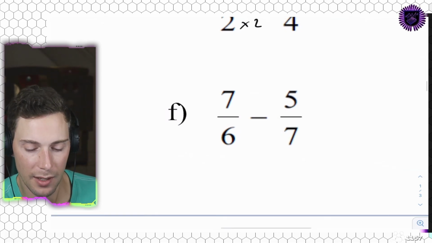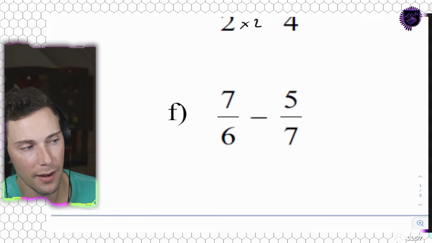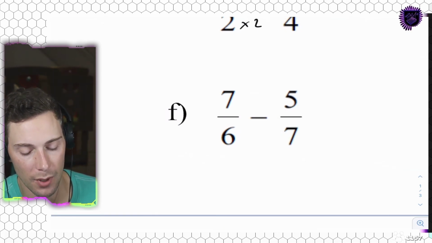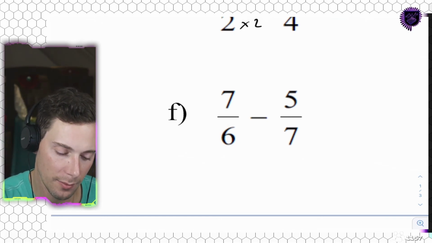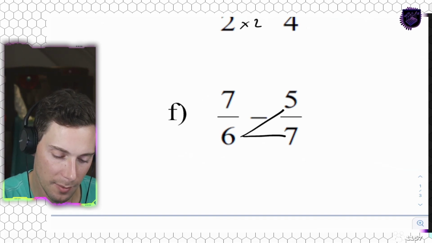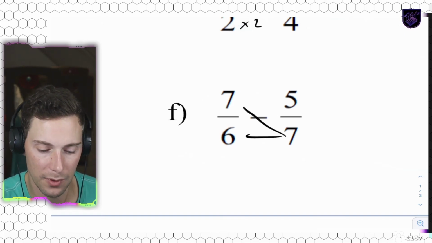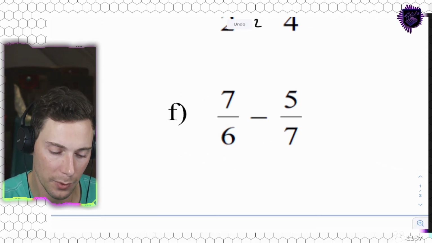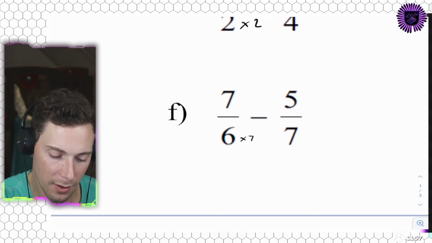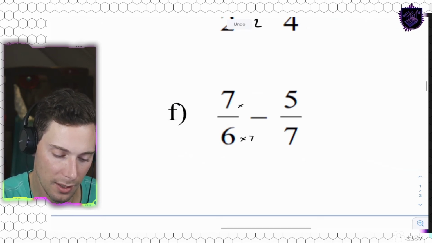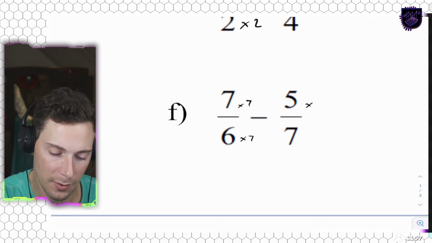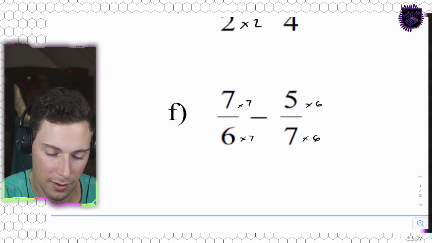Last one. Now 6 and 7, do they have a common factor? They do not. So once again, we're going to be cross multiplying, 6 times those two and 7 times those two.